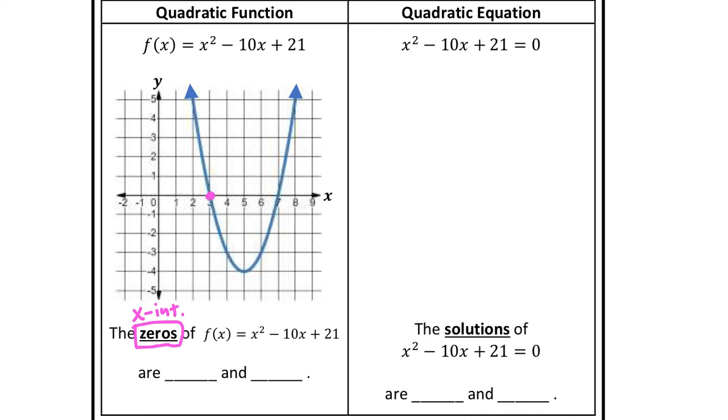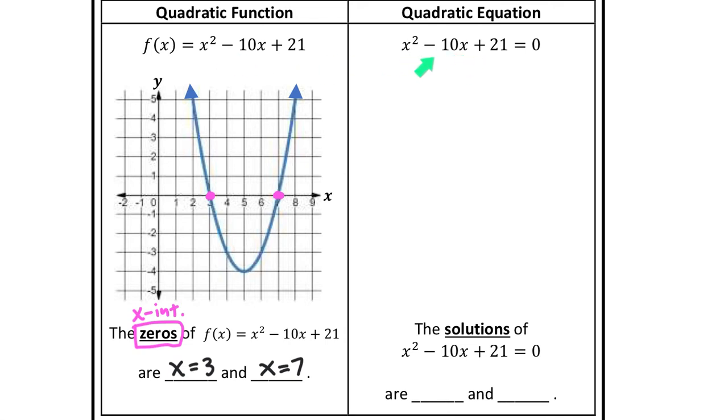It's going to be here and here. So the x-intercepts are at x equals 3 and x equals 7. If I have the graph there, I can see clearly that the x-intercepts are 3 and 7.